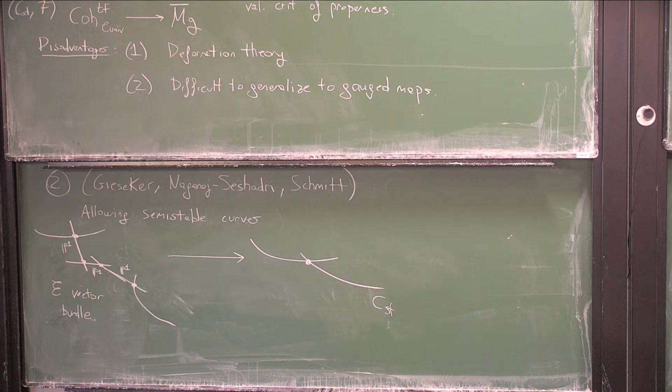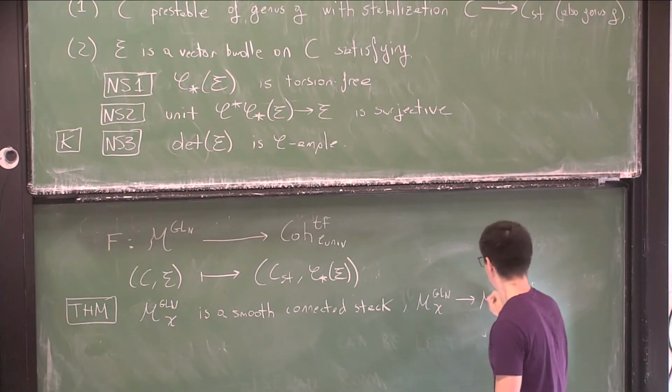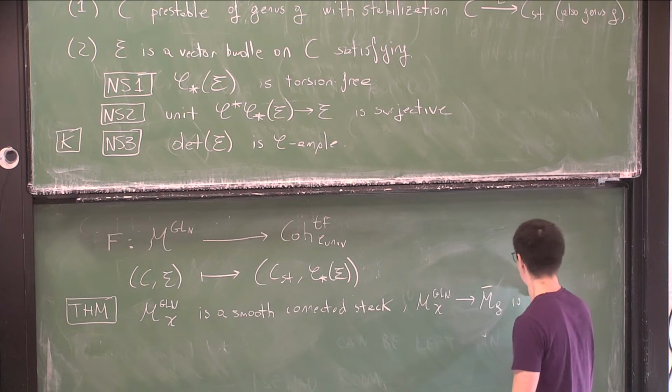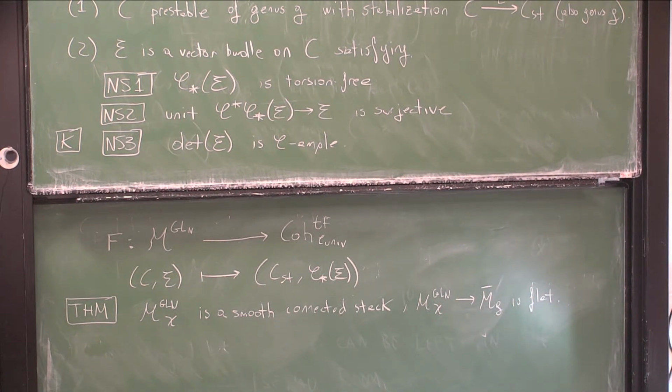In the covariant case, we're going to get smooth total moduli spaces, and they're going to map to the Deligne-Mumford space. And this map is flat. So it's a nice flat degeneration of the usual stack of vector bundles.